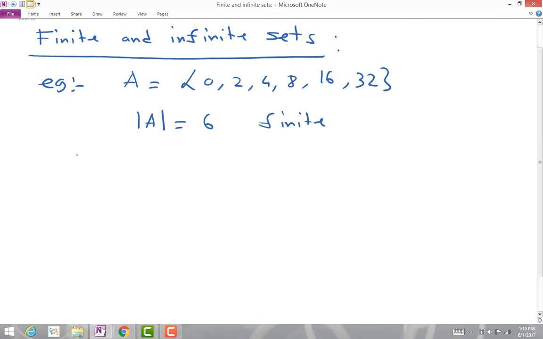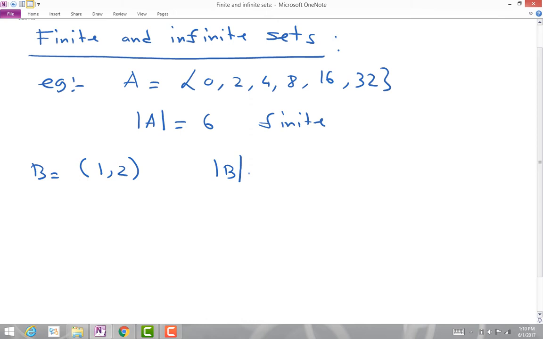Now if I take the open interval (1, 2), what is the cardinality of this interval? If I try to count these numbers, we know that this is an interval in the real line.